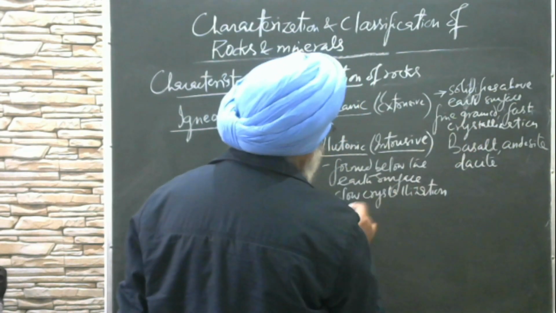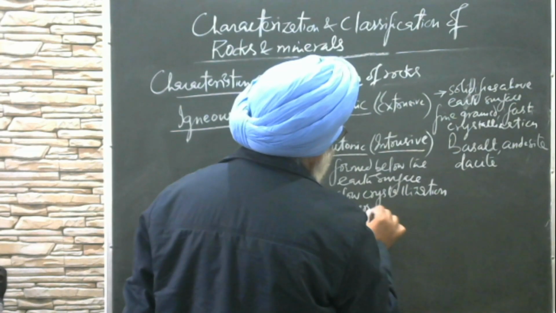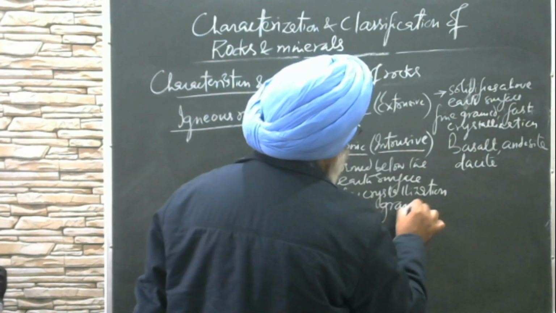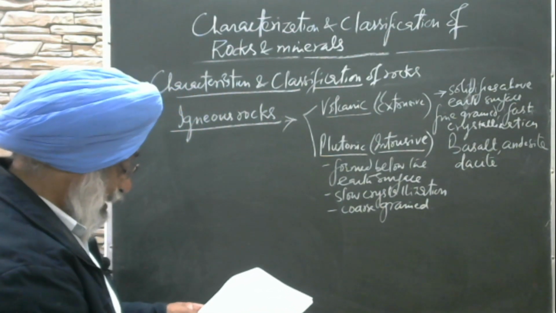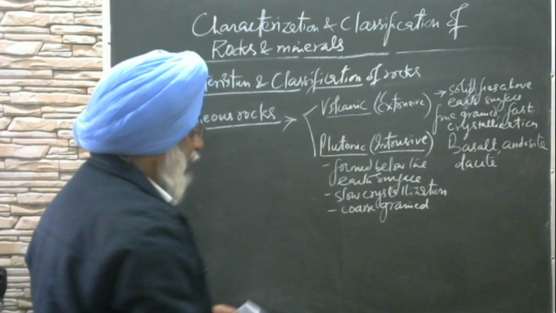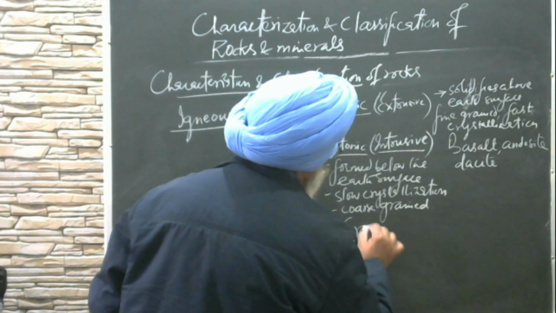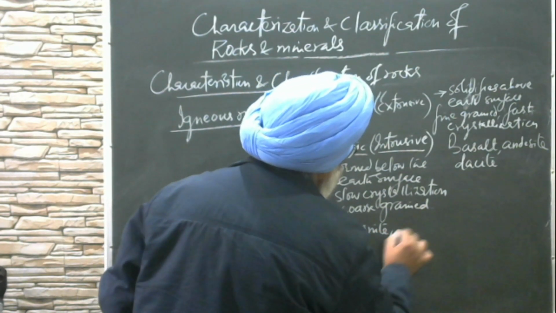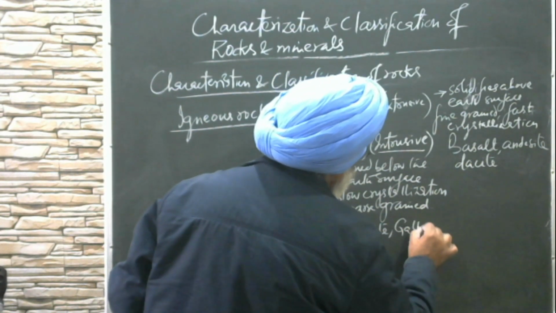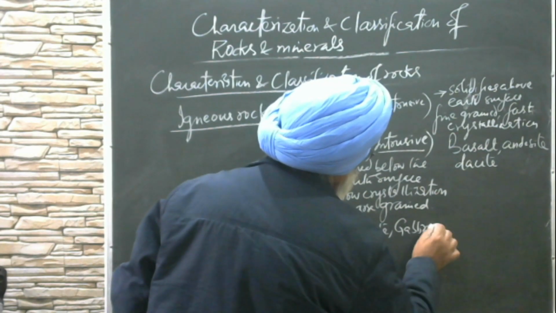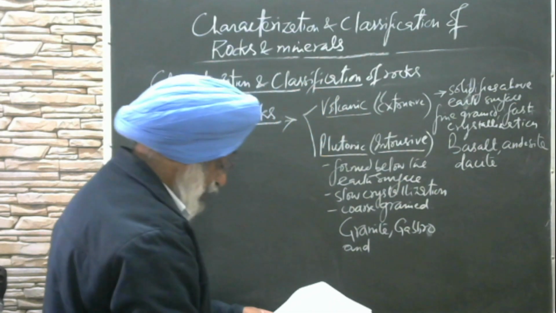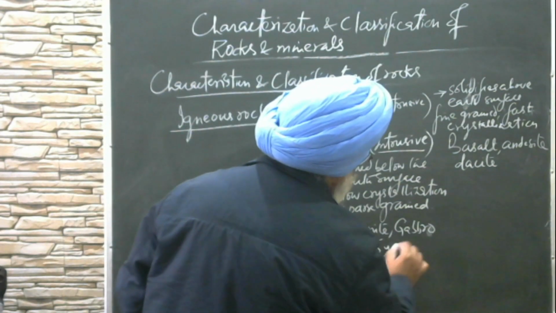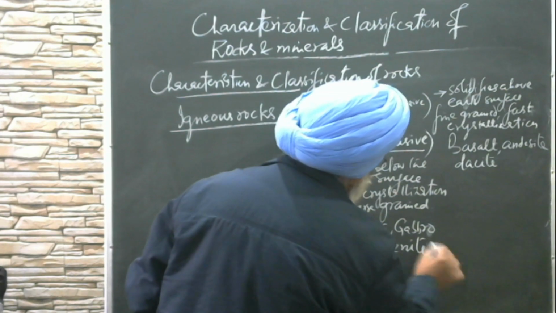These were fine grained, so here these are coarse grained. And here the examples are granite, gabbro, and syenite.